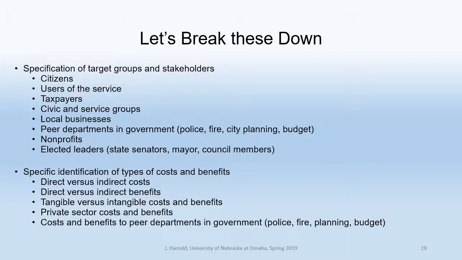So what are all the desires of these stakeholders with reference to your project? And that translates into this specific identification of costs and benefits. I mean, to whom do the costs and benefits accrue? And that's really an important question to ask.